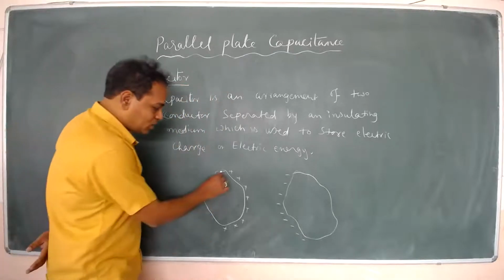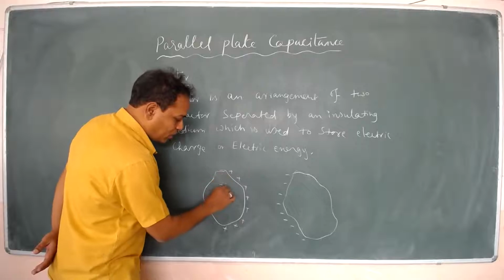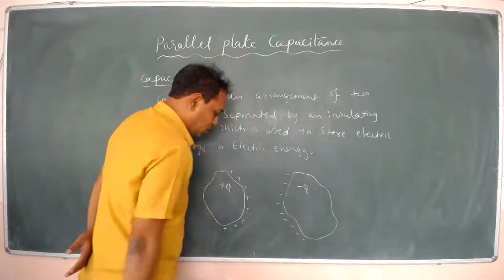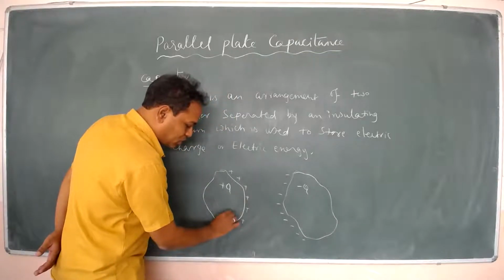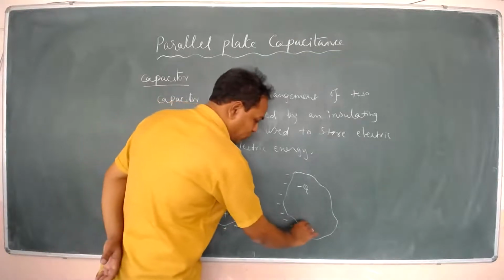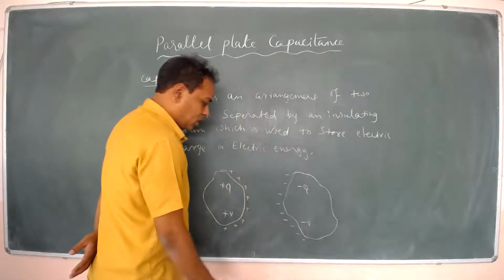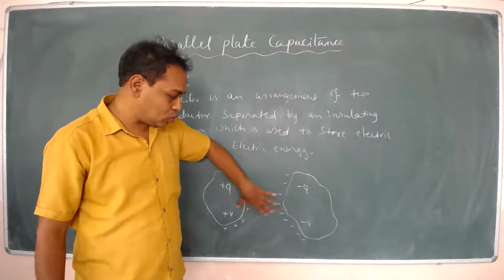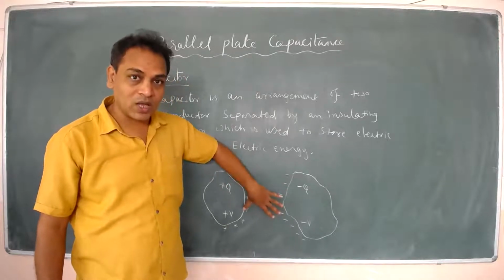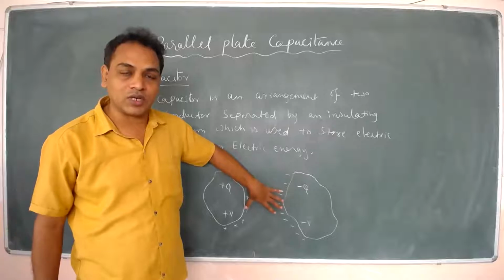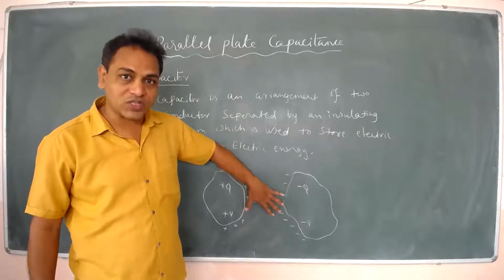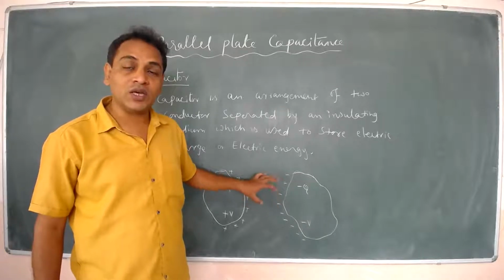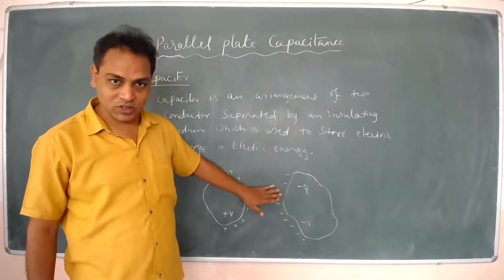So let us say this is a conductor of plus Q charge, and this is a conductor of minus Q charge. It has a potential, say plus V, and the other has a potential, say minus V. Then what is the capacitance of this capacitor? That means how much charge or electric energy can be held by this capacitor.